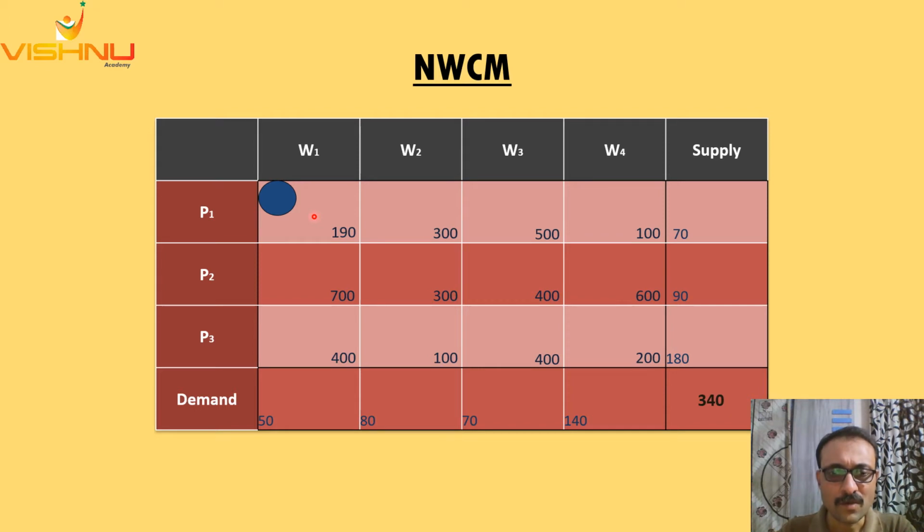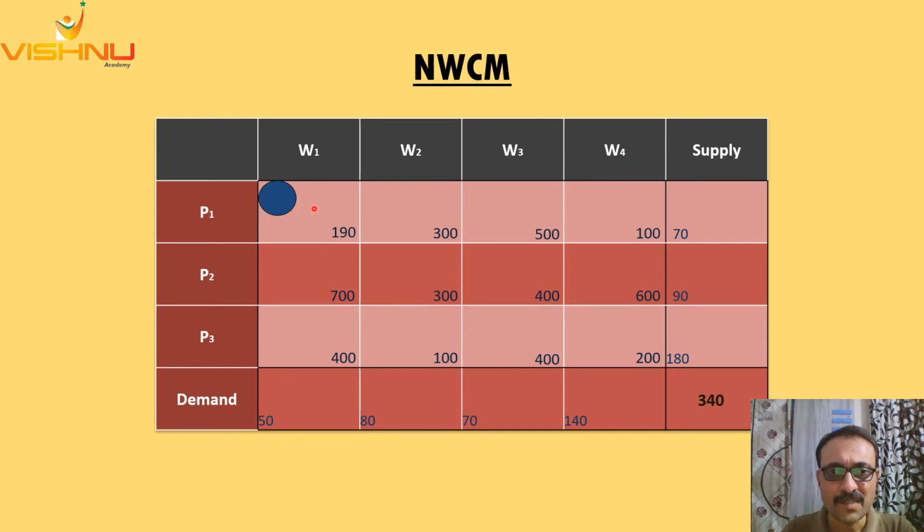So obviously we can transport anything less than 50 because this cell is common to the row as well as the column, so anything less than 50 is definitely workable. But since we have to identify the maximum possible, 50 would be the maximum possible.